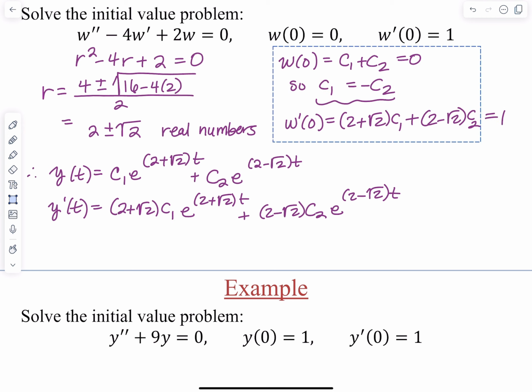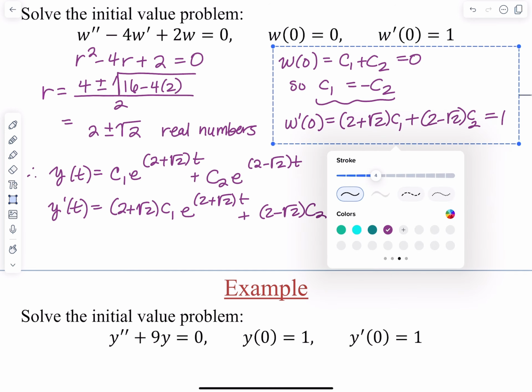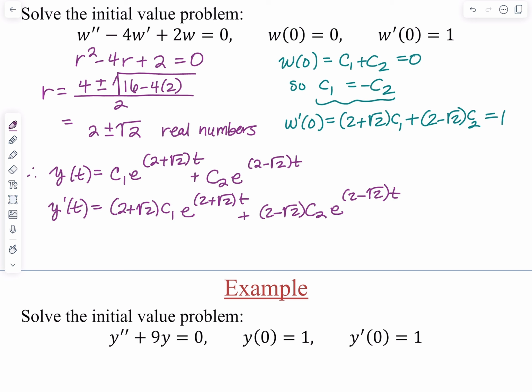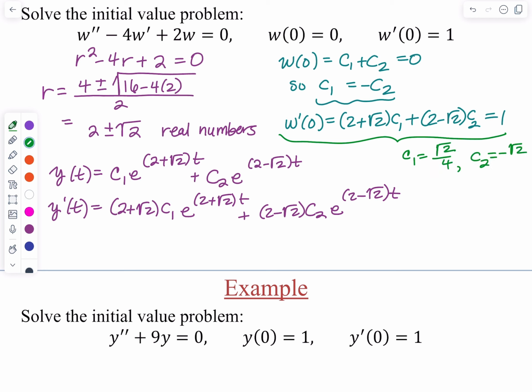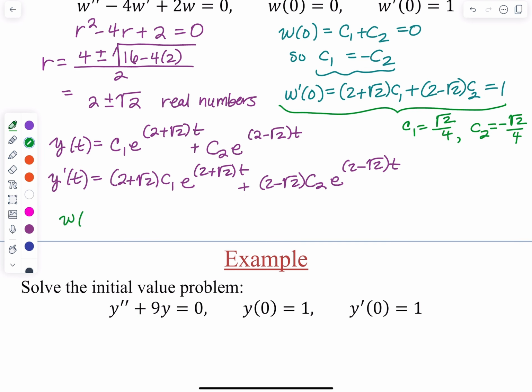And what I might do is go ahead and change this color to maybe a green, and that way you can see how we were finding those. So putting these together, you will see that c1 is equal to root 2 over 4, and c2 is the opposite of root 2 over 4. So we can go ahead and write our desired solution.